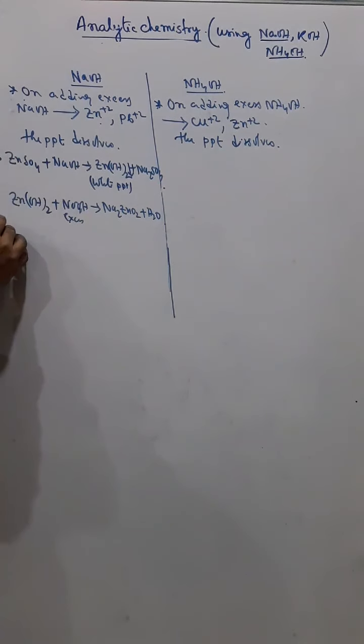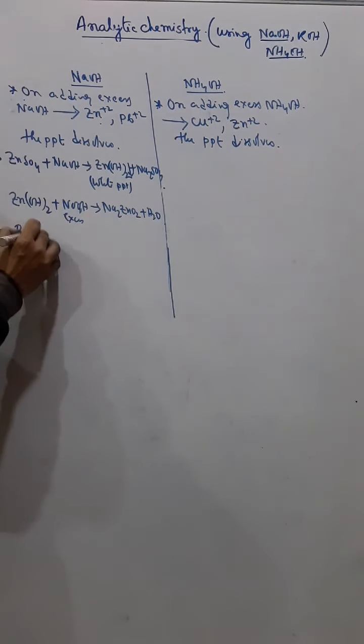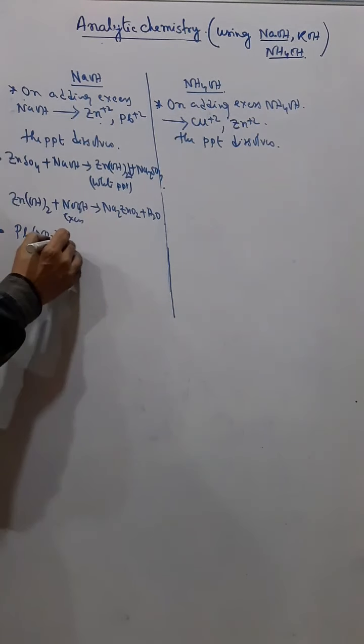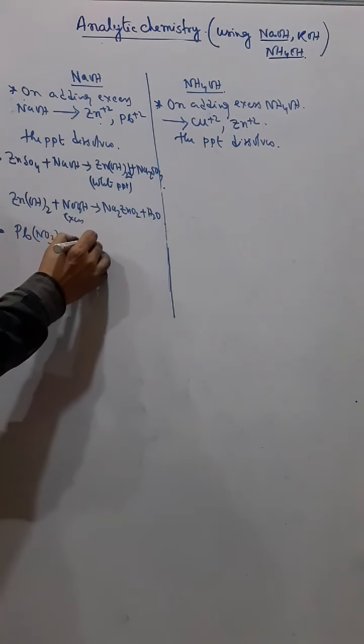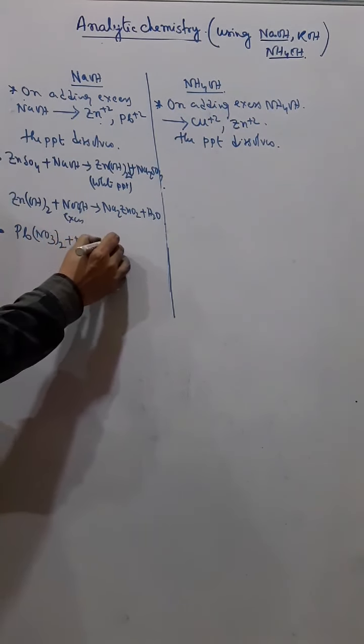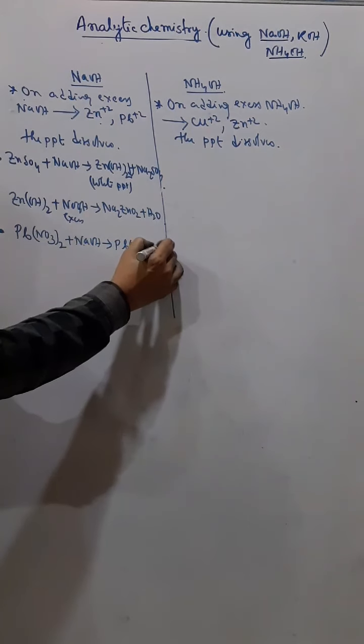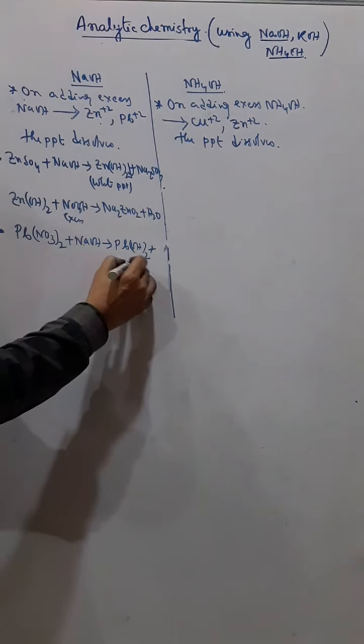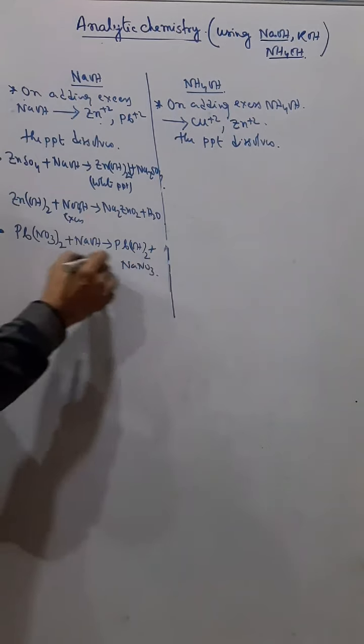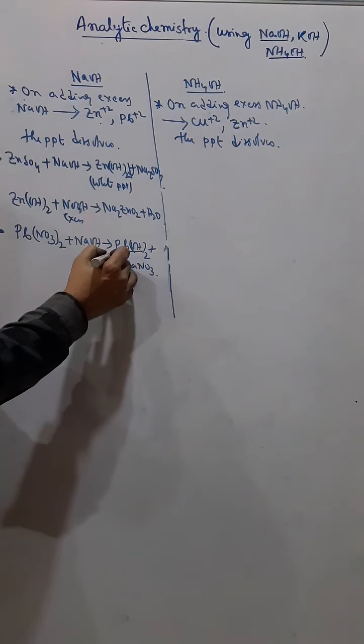Similarly, in lead also: lead nitrate, suppose Pb(NO3)2 plus NaOH, what will you get? Pb(OH)2 plus NaNO3, and this Pb(OH)2 is also a white PPT.